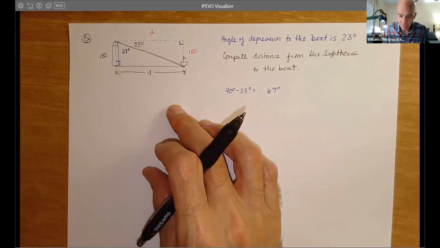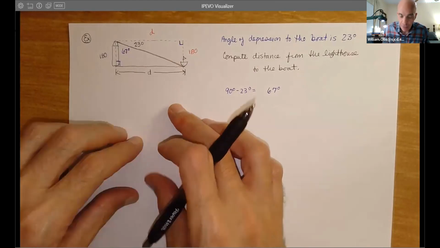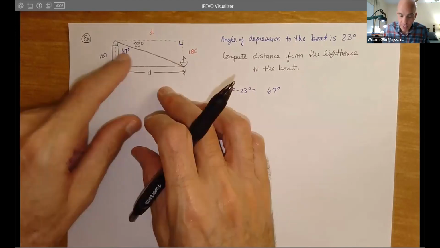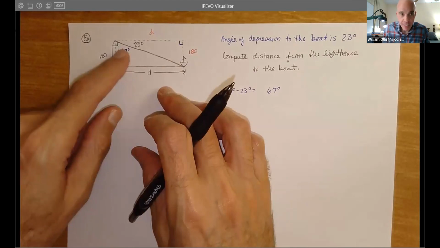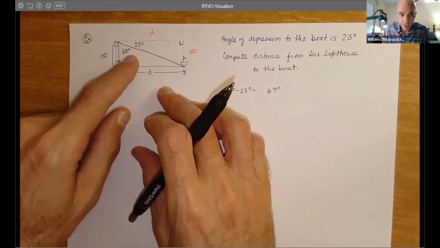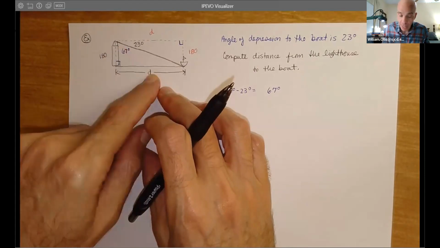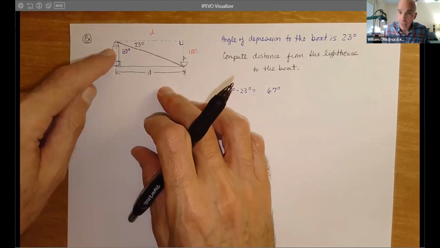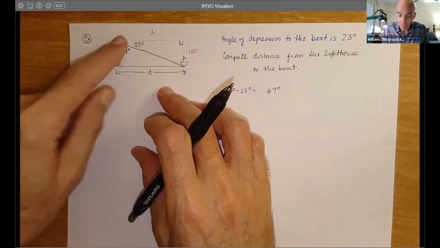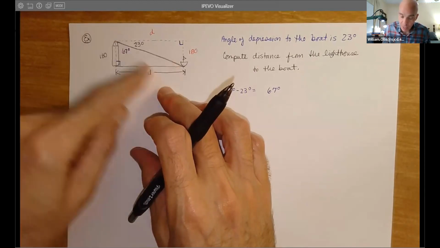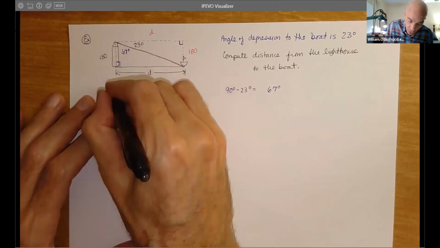So there are infinitely many ways to do this. Again, if we look at this angle and the positions of the sides, we have the opposite side of the 67 degree angle, and then we have the adjacent side. So here's the hypotenuse, and we have opposite, adjacent. So we can use tangent.